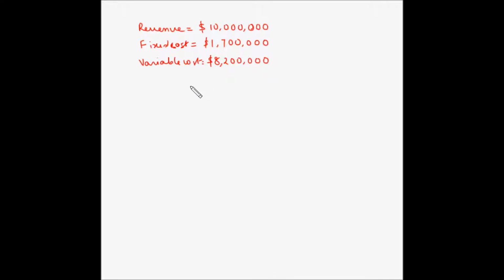So with this information, we have to find out the impact on the budgeted operating income if the fixed cost increases by 5% and if it decreases by 5%.